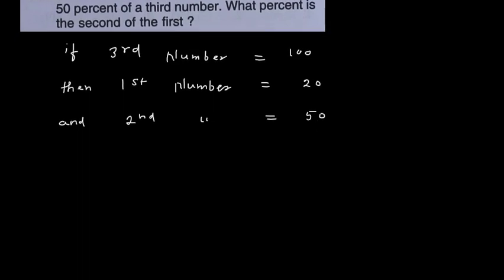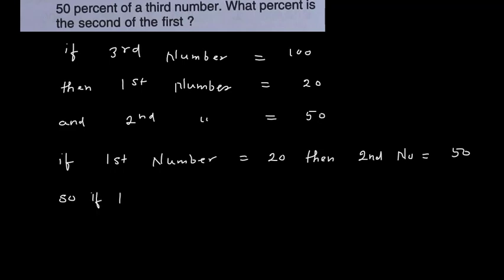So here, if the first number is 20, then the second number is 50. So if your first number becomes 100, then this second number will become 50 divided by 20.